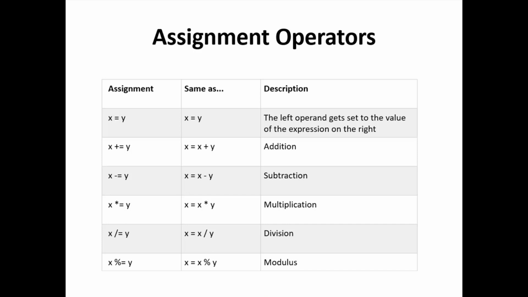So on the left hand side, these are the syntax, and the description as well as their full abbreviations are given in the center and the right hand side. So these are the assignment operators that are available in PHP.